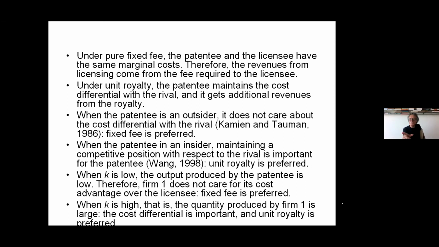Just remind me. Yes, yes. So it's basically the Cournot model. Cournot models. With a duopoly or oligopoly? The Economic Theory paper is duopoly, and the other one is oligopoly. The Journal of Economics is oligopoly.